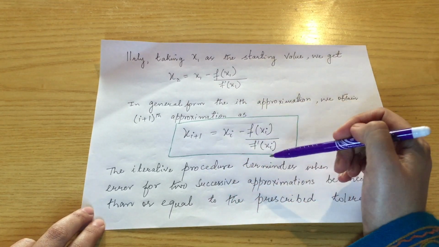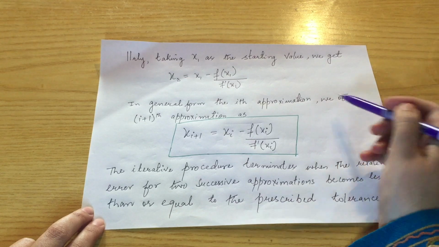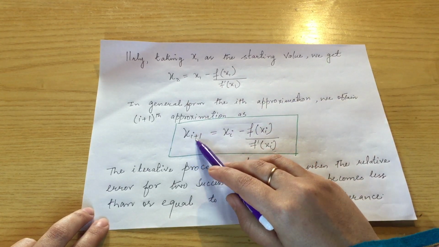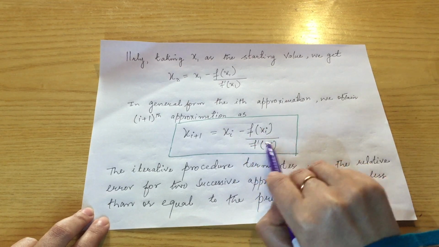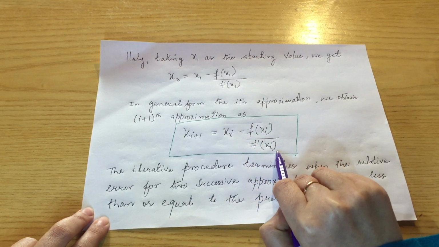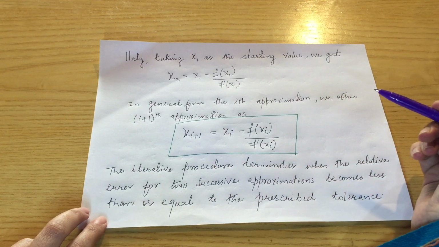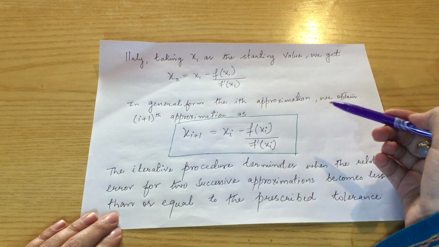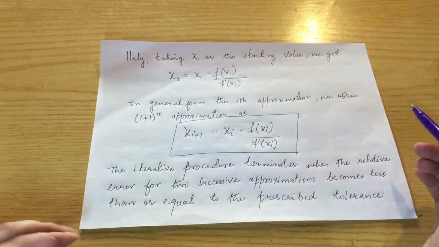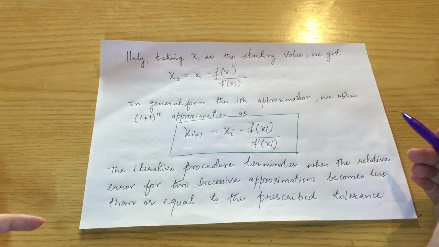So in general form, the (i+1)th approximation will be x i plus 1 is equivalent to xi minus f of xi divided by f dash of xi, right? So this is actually the formula for the Newton-Raphson method. This is basically the iterative formula.